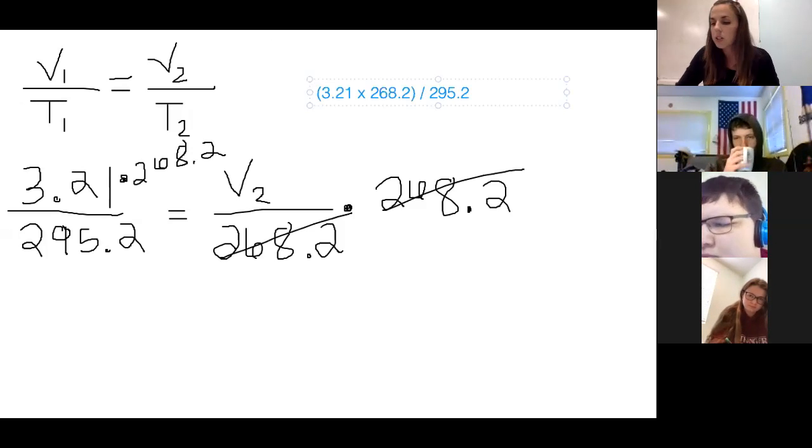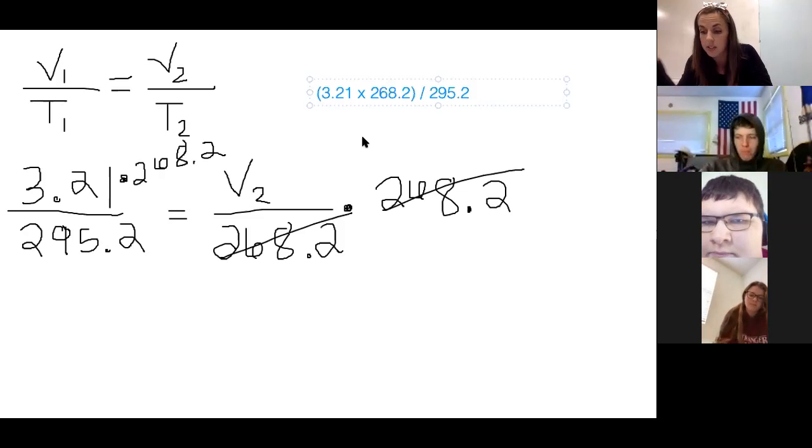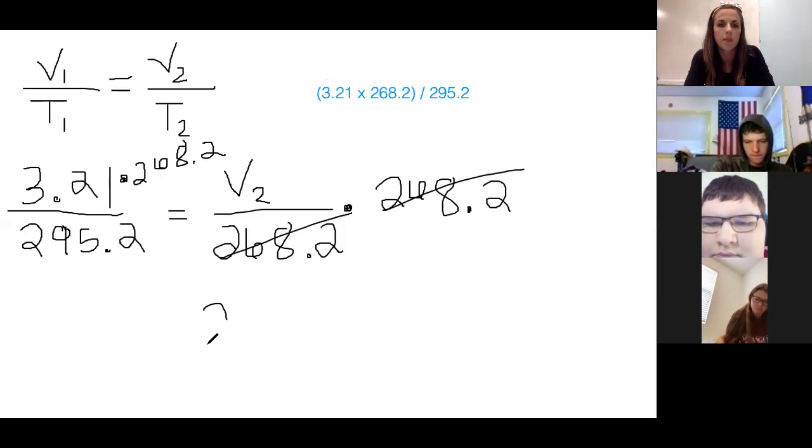And we should get 2.9164 and so on. So we're going to round to 2.92. And do we remember what our unit is? Liters. Liters. Good. 2.92 liters.